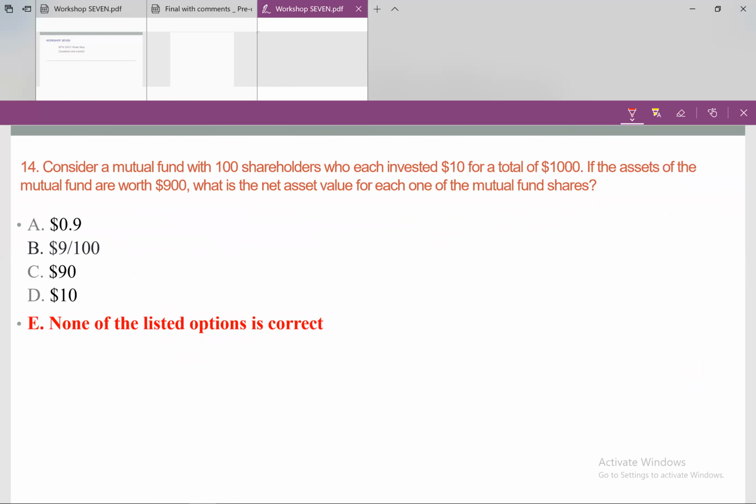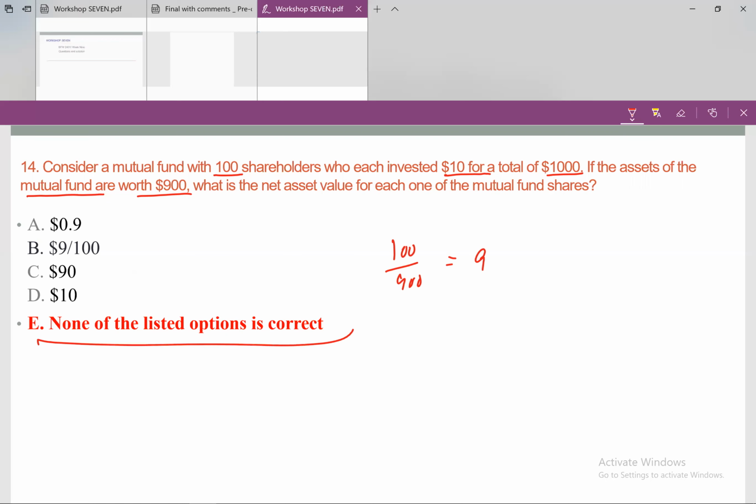This one we have, say, 100 shareholders, invested 10 for 1,000. If the assets of the mutual fund are worth 900, what is the net value of the... so the net value actually now is 900, which is 9.